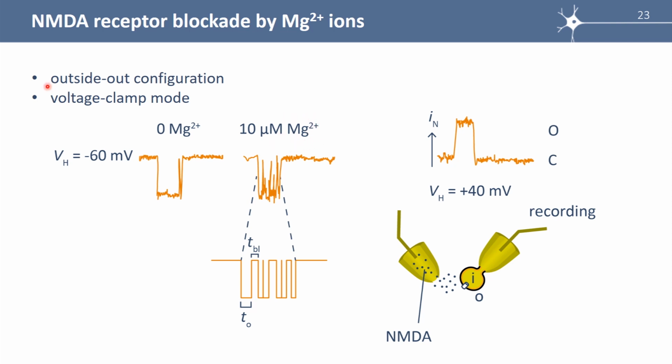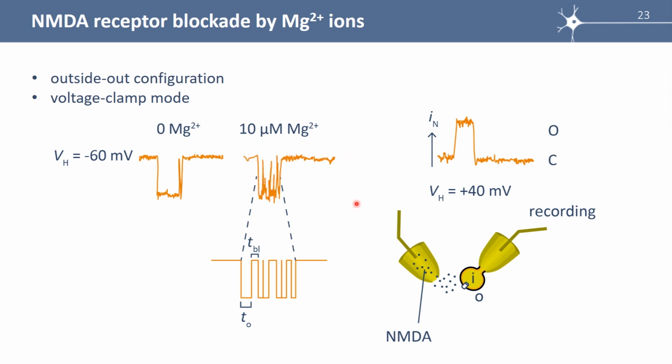So we still record in outside-out configuration to record the unitary NMDA current and in voltage clamp mode. Here the holding potential is minus 60 millivolts. In the absence of magnesium ions, as we saw before, we had an inward current. And when now we add some magnesium in the extracellular medium, which is quite a low concentration of magnesium because usually it's around 1 millimolar in physiological situations, we record now this type of current.